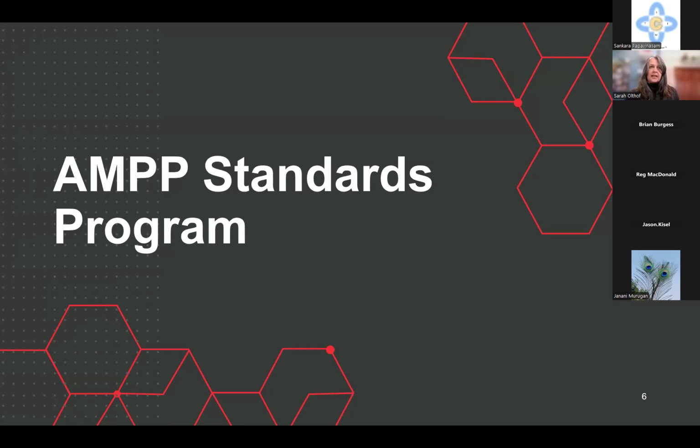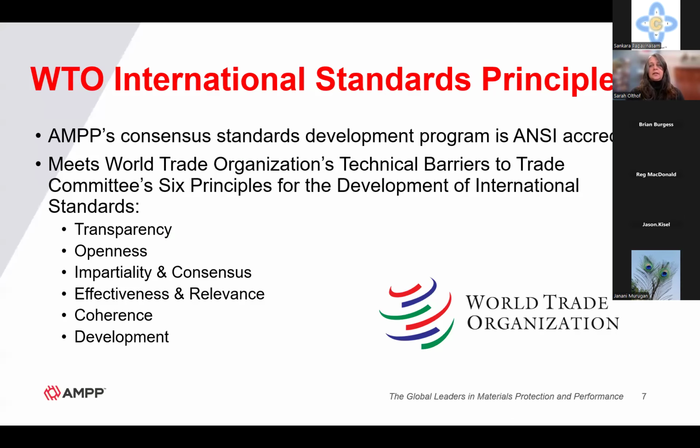Today, I'm going to talk in detail about how our standards program works. I know many of you are probably active in our standards program, but I still wanted to go through the details on how AMP develops standards. Our standards program is based on the World Trade Organization's standards principles.